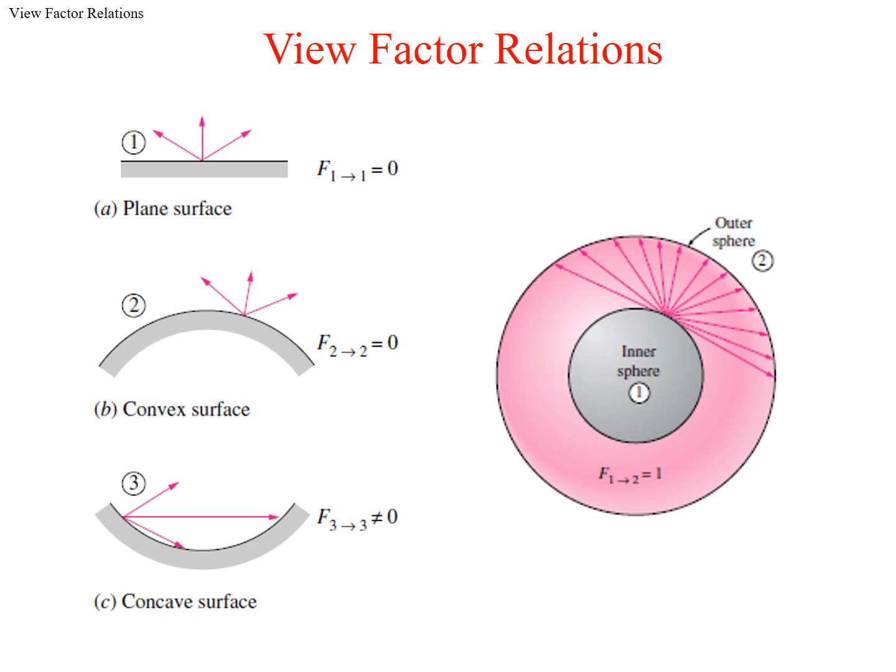We are also using rule number 2 on the left-hand side. The inner sphere surface looks like a convex surface, so none of the radiation will arrive on its own. There are only two surfaces here, surface 1 and surface 2. So if the radiation can't arrive on itself, it will all have to go to the outer sphere, number 2. That's why in a case like this, we say the view factor F12 is equal to 1. That means the entire radiation leaving surface 1 is going to be intercepted by surface 2.